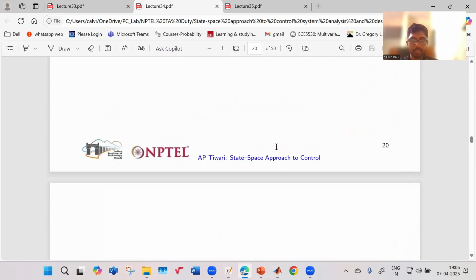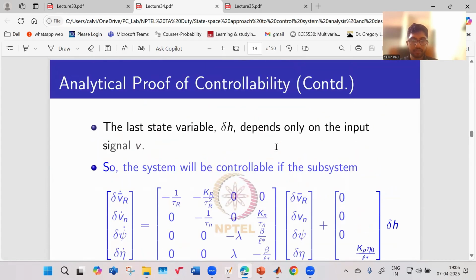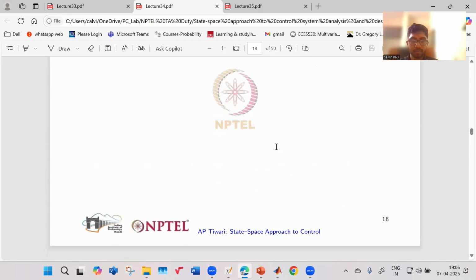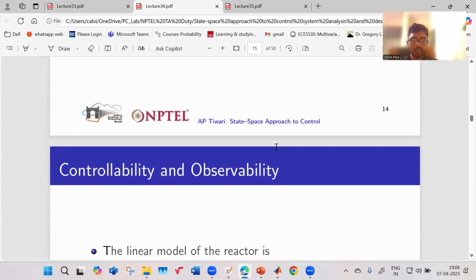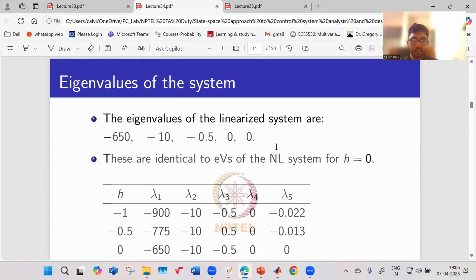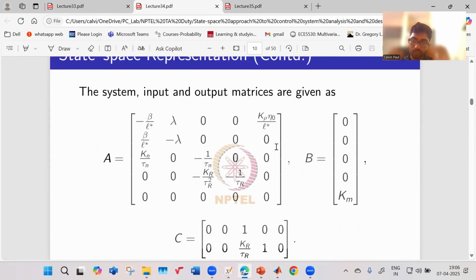So what Sir has basically done is, this was my original set of equations. But what we need to realize is that this fifth state is controlled only by the input, and this fifth state has an impact on the first state.